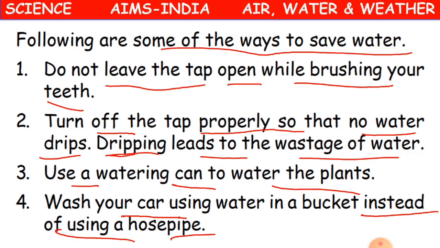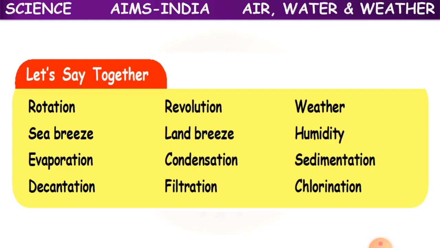Clear, children? Yes. That is how we have to save the water. And now let us see some words which we have already learnt. Try to read along with me all these words.